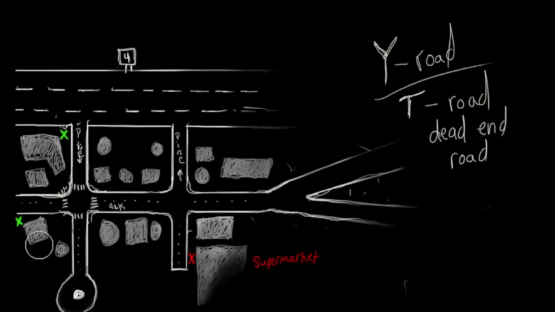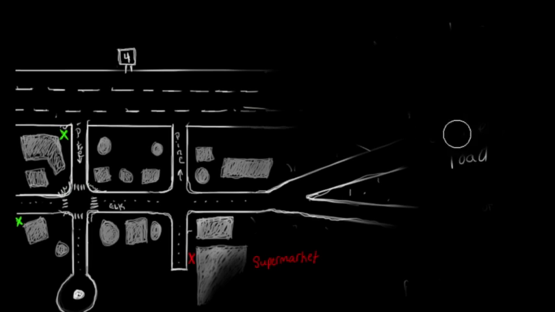Now this one kind of looks like a dead end, right? But in fact, it's not quite a dead end because you can keep going around. So if you drive this way, you can go around this thing and then come back this way. So it's not really a dead end, but it doesn't continue. So we don't really call this one a dead end.